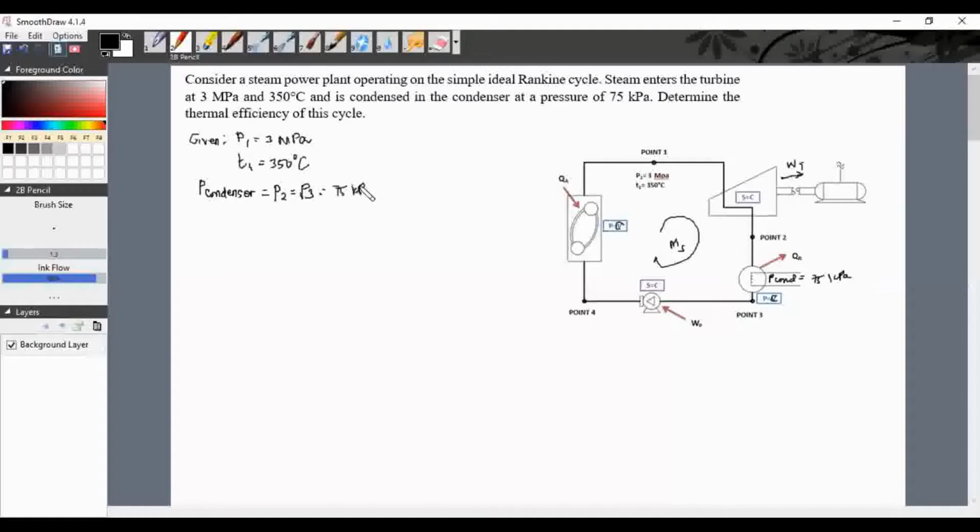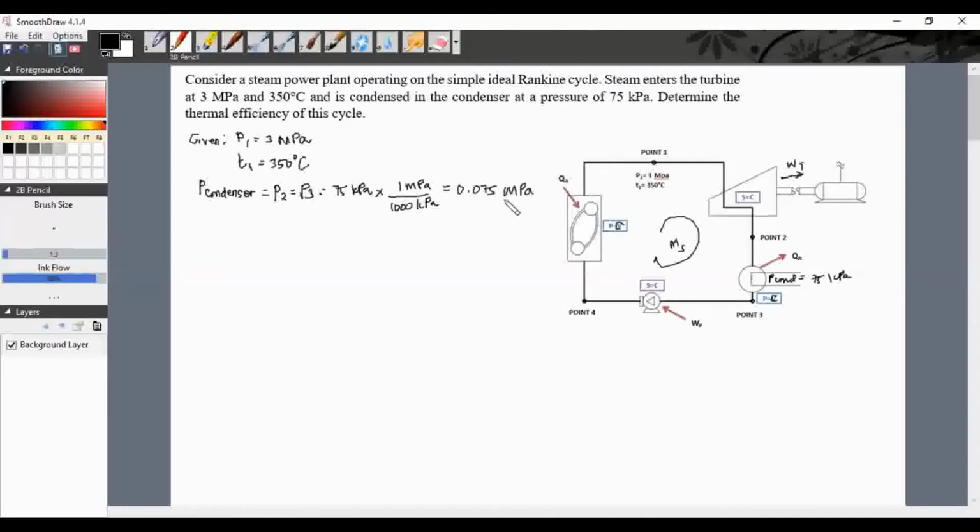So, i-convert ko na dito, no? So we have 1,000 kilopascals for every 1 megapascal. So you have 0.075 megapascal. Bakit ko ginawa megapascal?